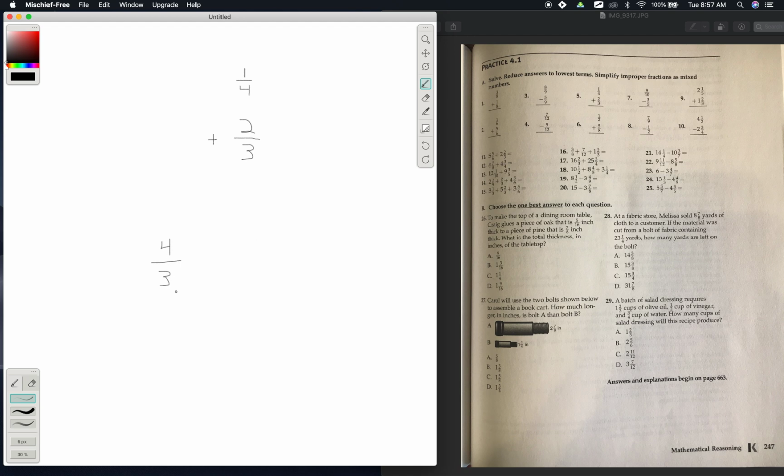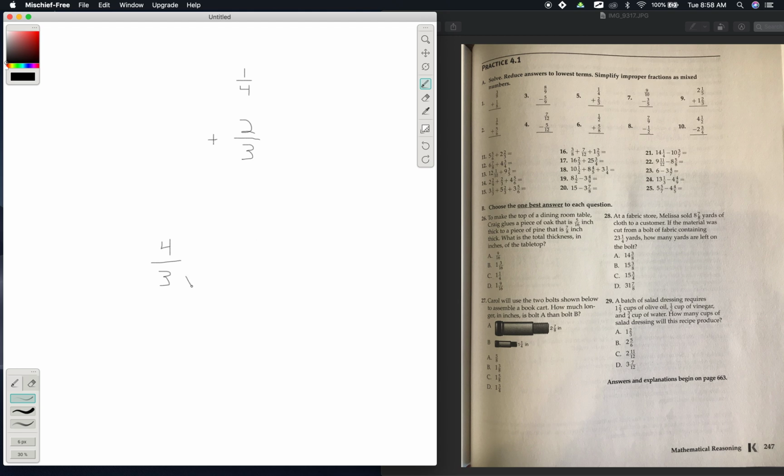Like I can look at this and know what common denominator I would change these into, just because I know that 3 times 4, and it's just coincidence that I'm saying 4, but both of these can go into 12. That's the first number they can go into that both of them can go into. So I know 3 can go into 12 4 times because I know my times tables.